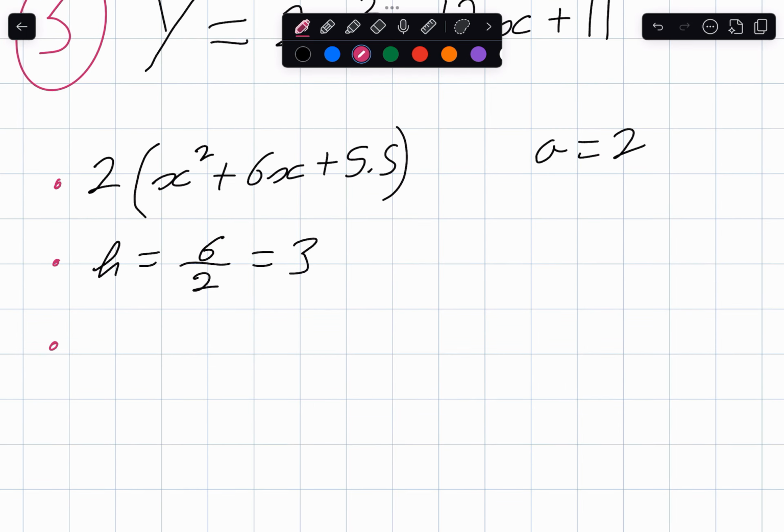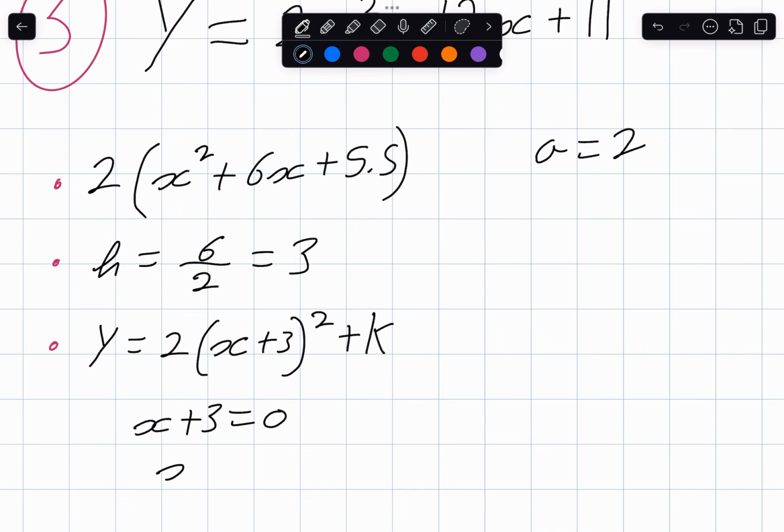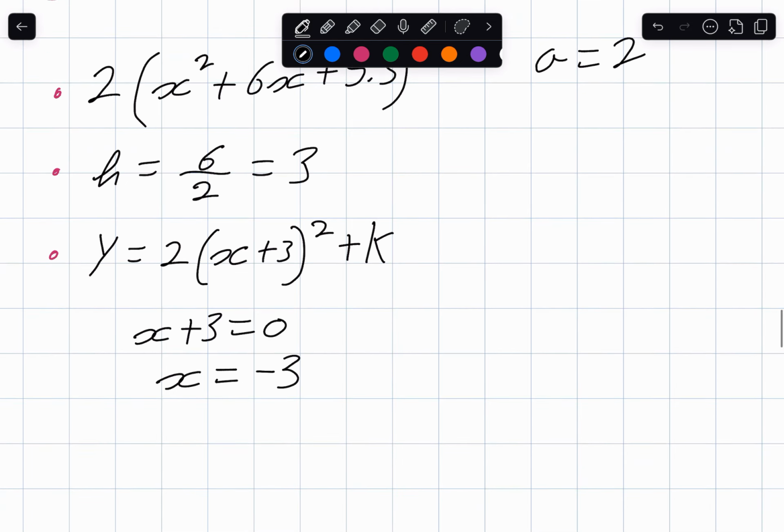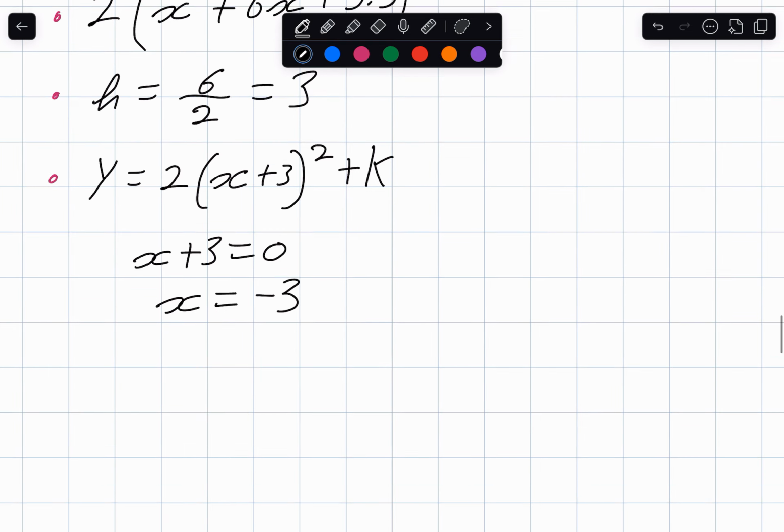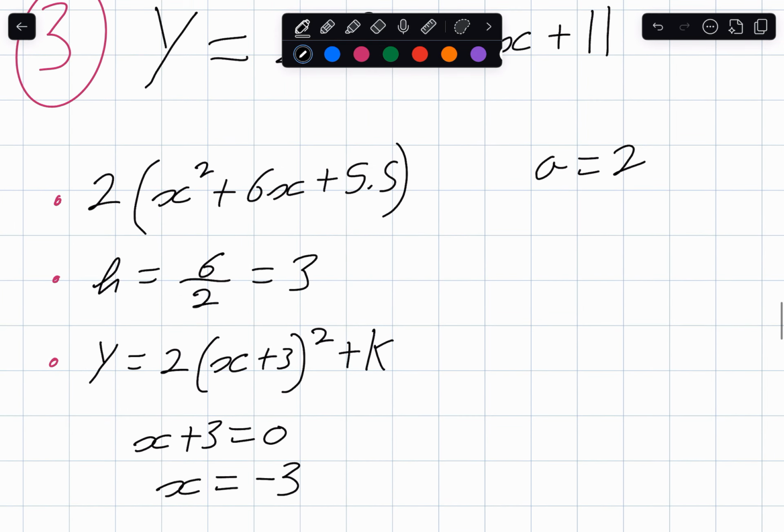And now we need to recall our form. Now we set x plus 3 equal to 0, which gives minus 3. And it's essentially the same thing as h, because h is our x value, so we need to find the corresponding y value to that.